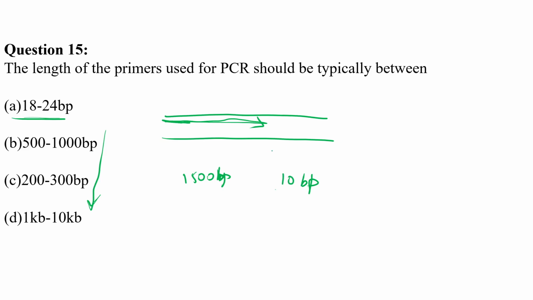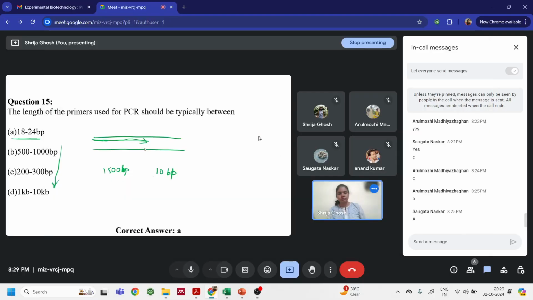If you increase the length to a certain extent, it will be more specific, but if you increase it to a very high number of base pairs, it will again take time to anneal and it will be very cost inefficient. So the correct answer is option A, 18 to 24 base pairs, as you have already answered.